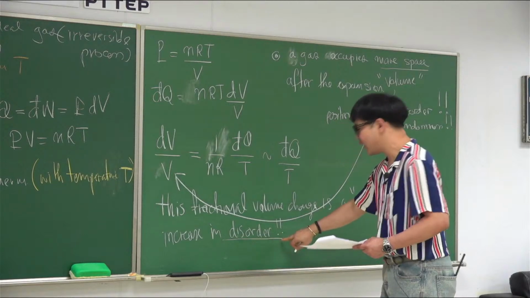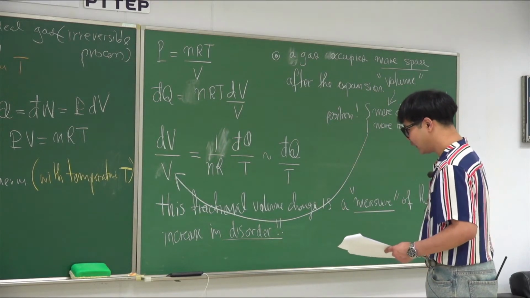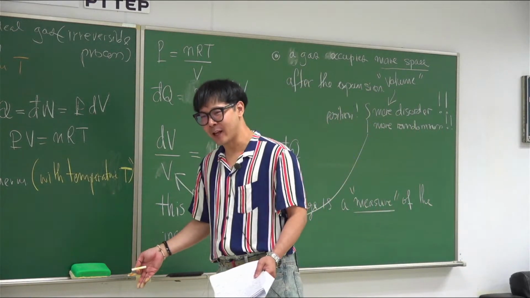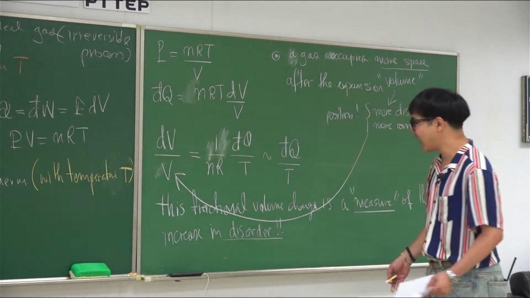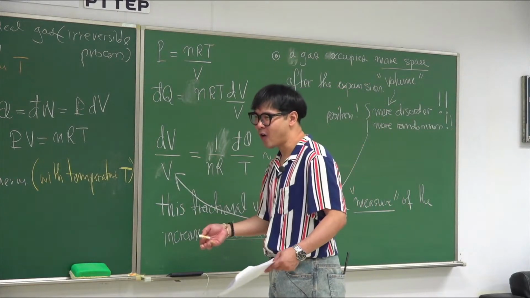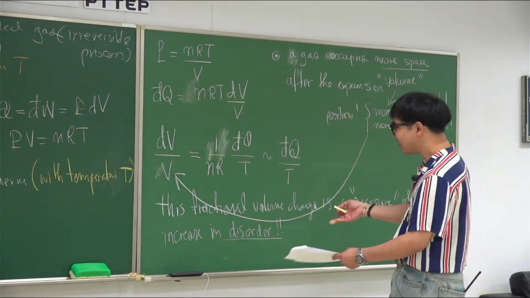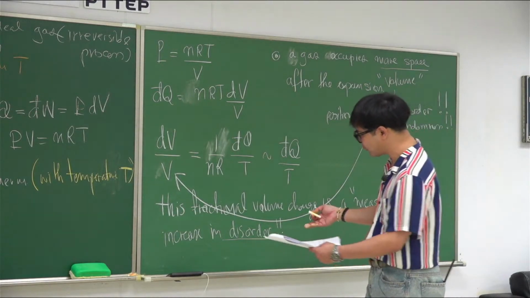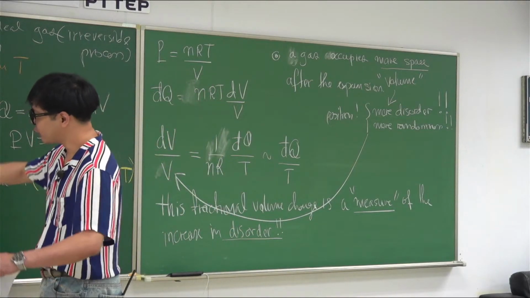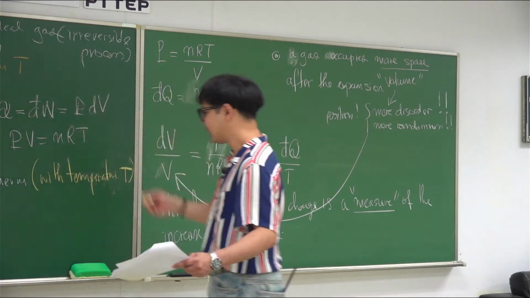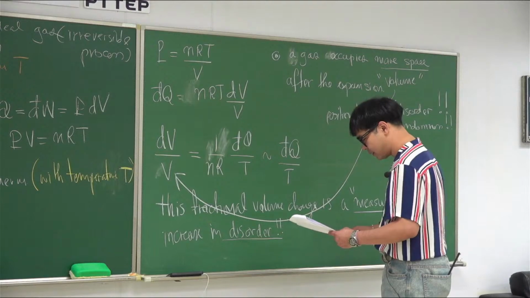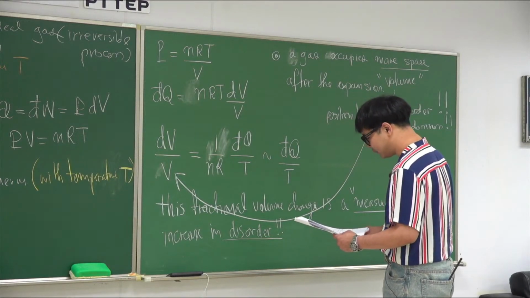I again put this in quotes because, as you probably know from my posts on social media, entropy is not really a measure of the disorder of the system, right? But in this sense we can start with the thing that with more space it's more randomness. You will see the true meaning of entropy later, okay? But in this sense, you can say that.